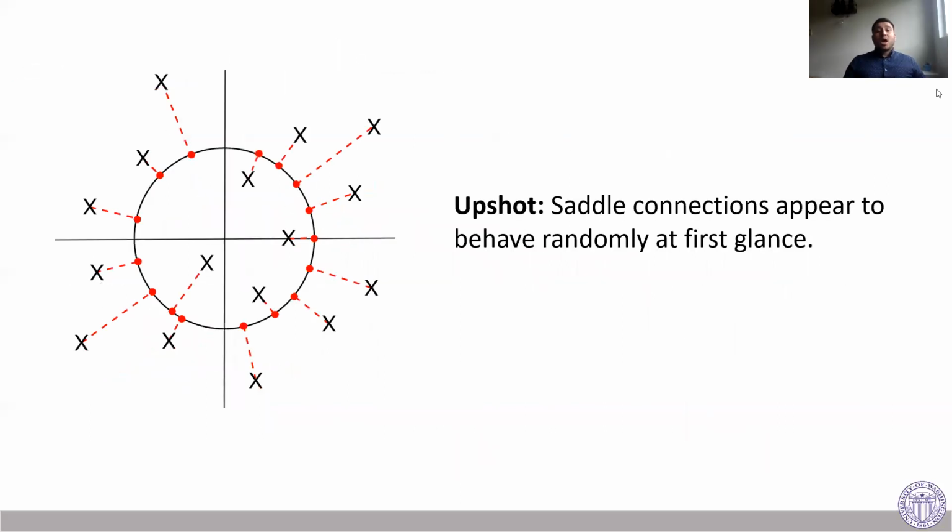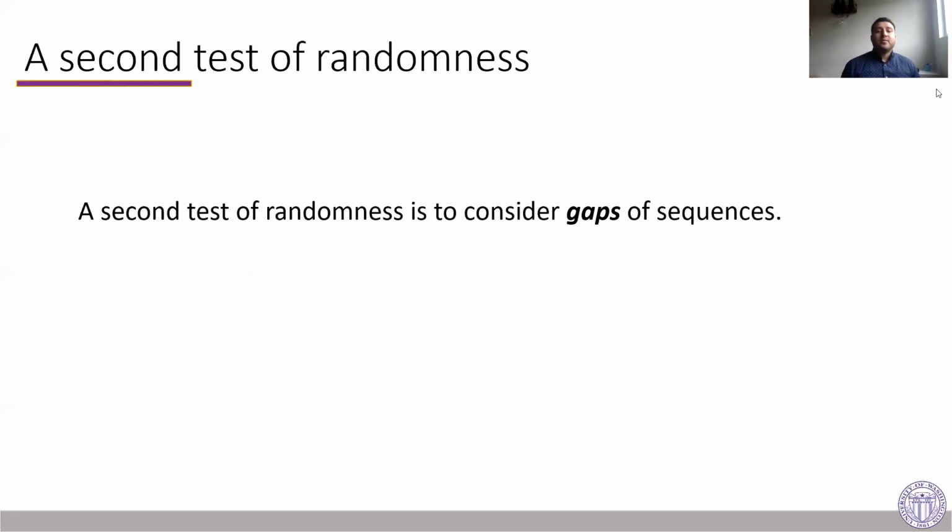The upshot of these two results is that saddle connection directions behave randomly at first glance. They're going everywhere by Mazur's result, and not only are they going everywhere, but they're going everywhere with the right proportion. This is Vorovets' result. And we're mathematicians, so for us, one test is never enough. We want to consider a second test of randomness.